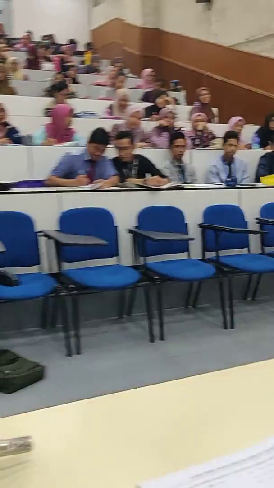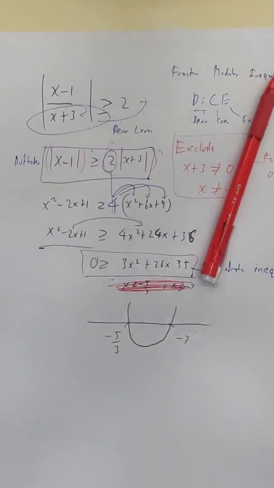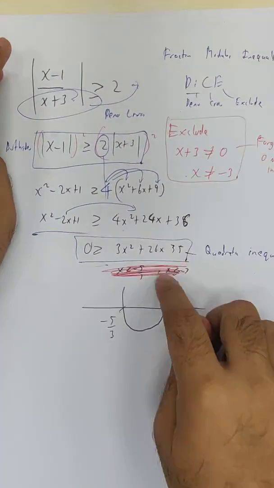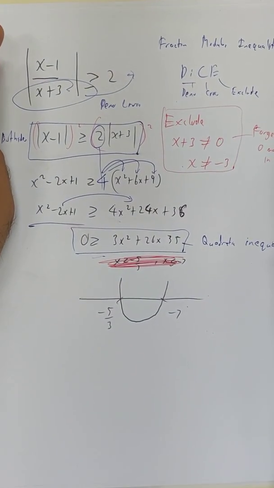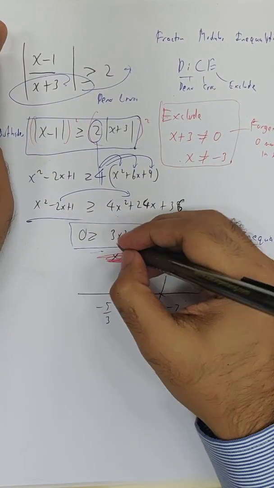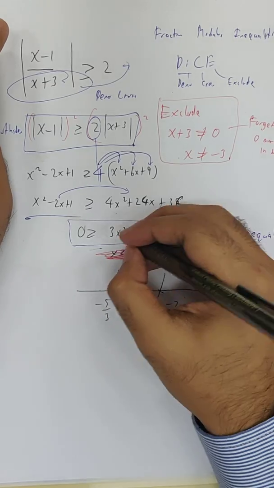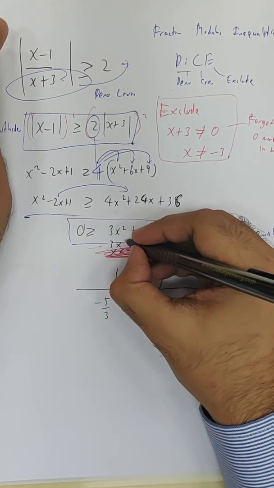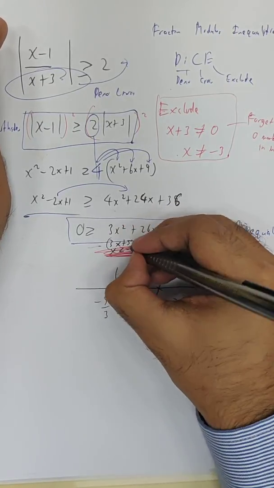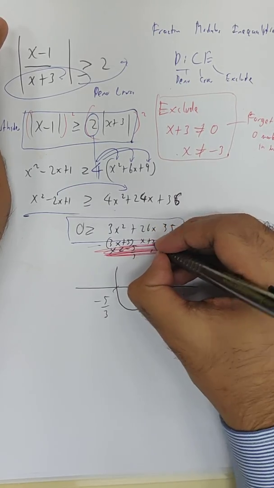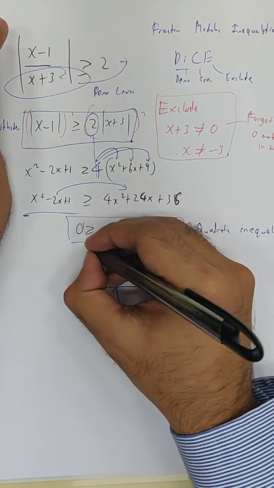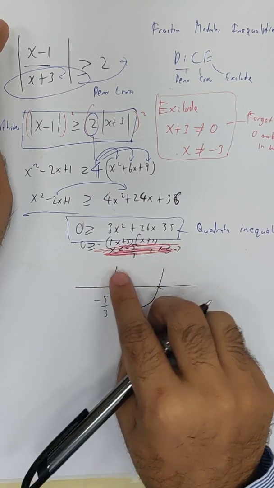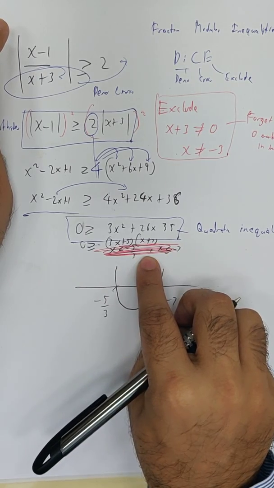So these two people keep on arguing. If someone says, sir, but he just factorized, he just wrote this down, 3x plus 5, x plus 7, is it okay, sir? This line is okay, but not the red one.